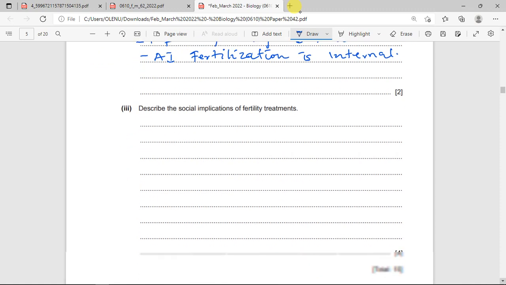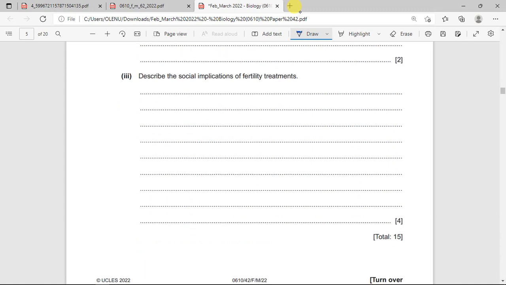Now, describe the social implications of fertility treatment. One of the implications is that it is expensive. Another implication is it may not be successful and need to be repeated.